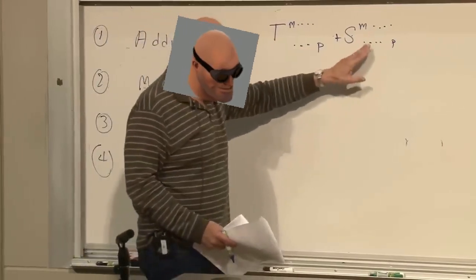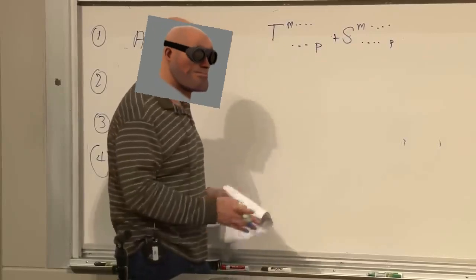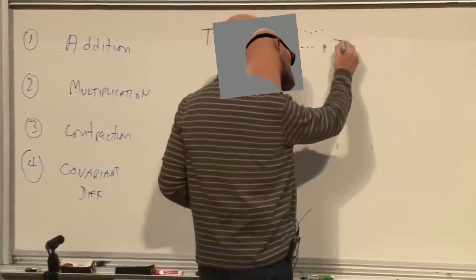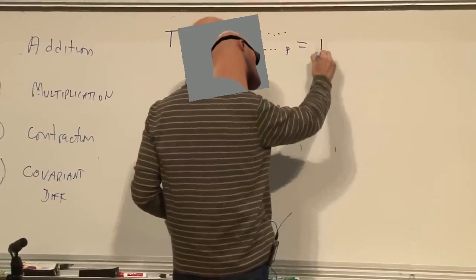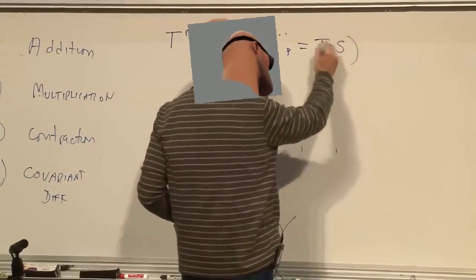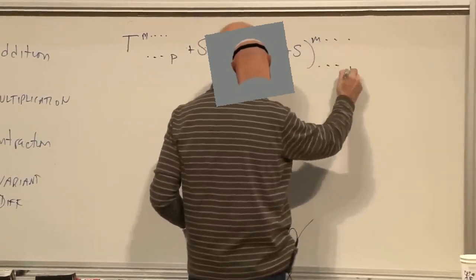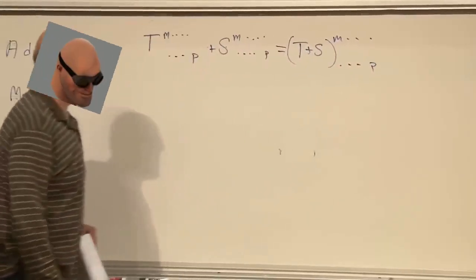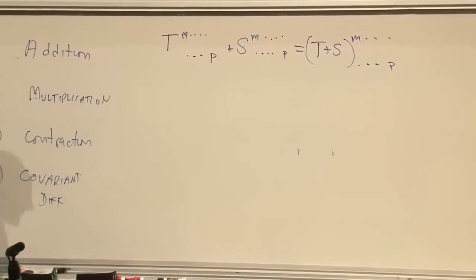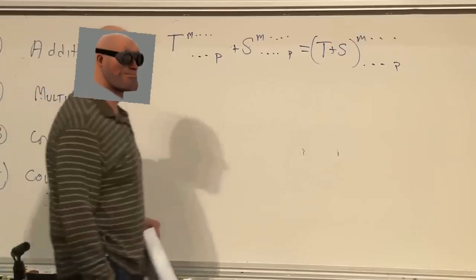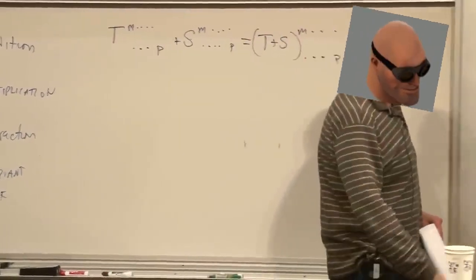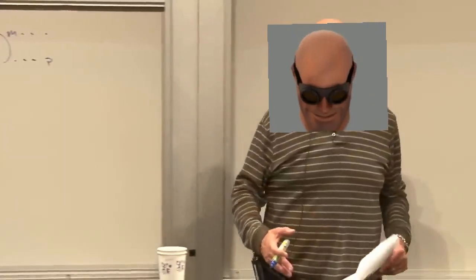At the end, if the indices match, then you are permitted to add them and construct a new tensor, which I'll just call T plus S, M, dot, dot, dot, dot, dot, dot, P. In other words, the thing which is just the sum of the indices defines a new tensor, which is the sum of the two tensors.